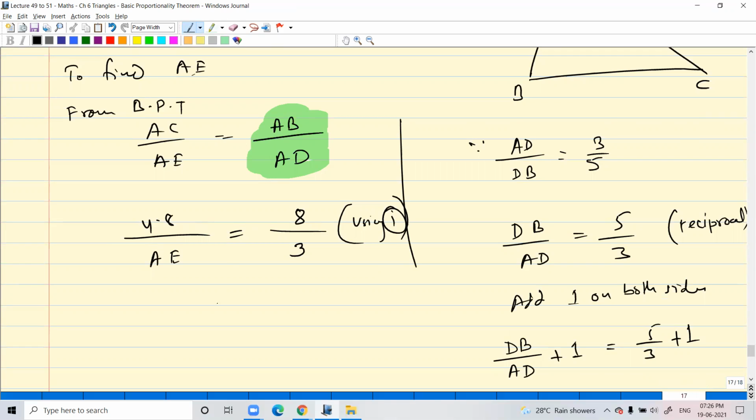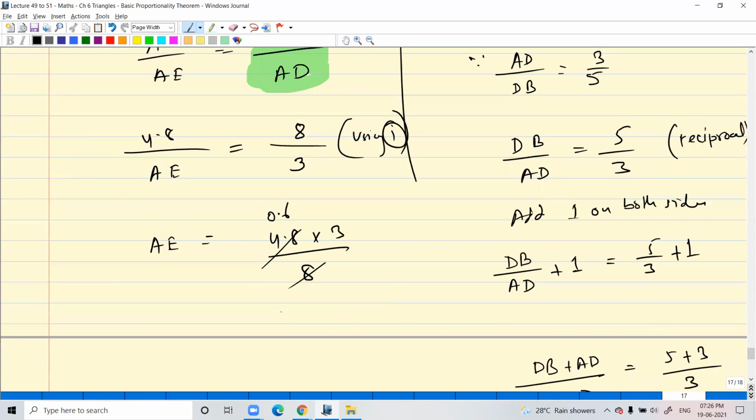Then just do your calculation, do the cross multiplication and find the value of AE, or do the reciprocal, whatever you feel like. So AE will be equal to what? 4.8 into 3 by 8. So what is 0.6? So AE is equal to 1.8 centimeter. So this is another way to do it.